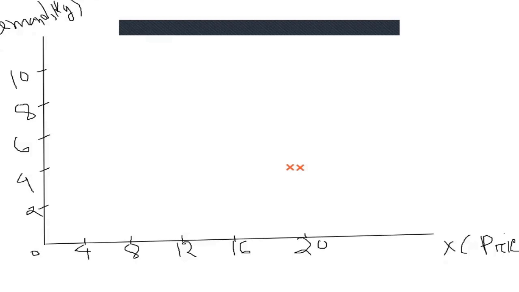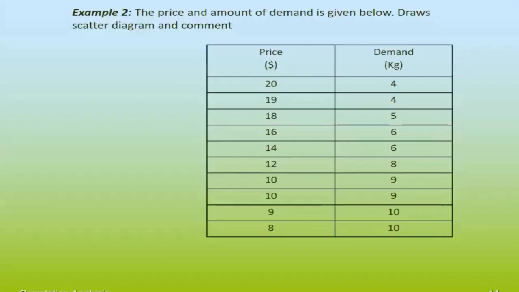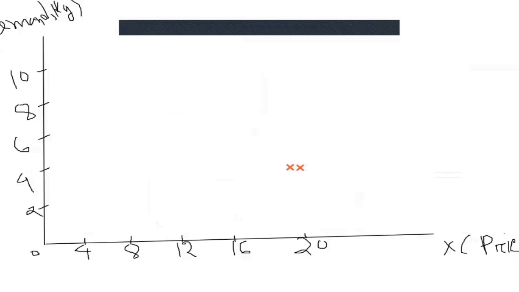Now the second, third, and fourth ones. For 18, it is 5. So 18 is in the middle, and it will be 5.